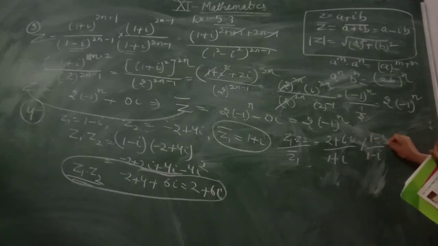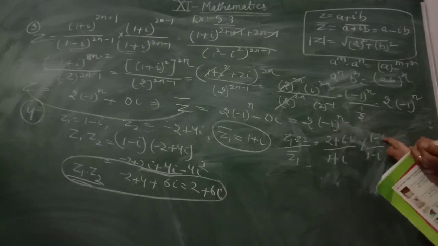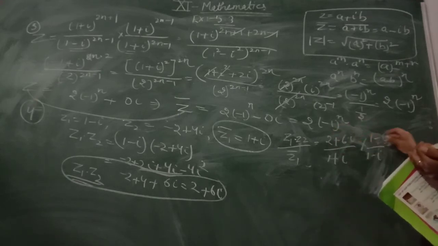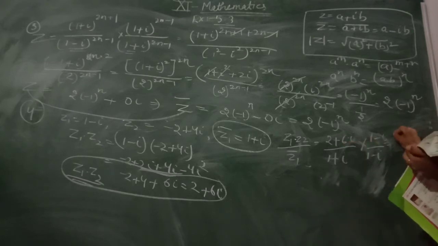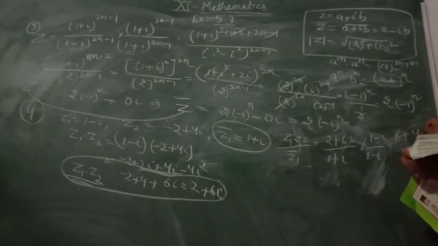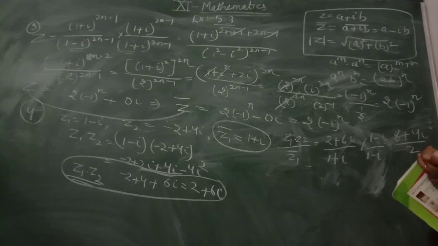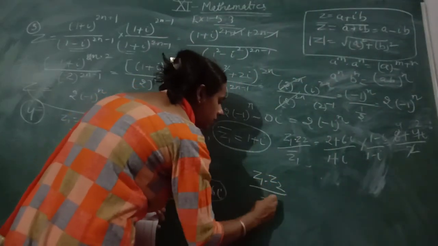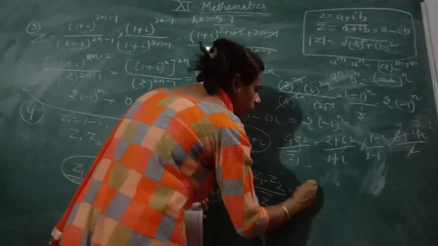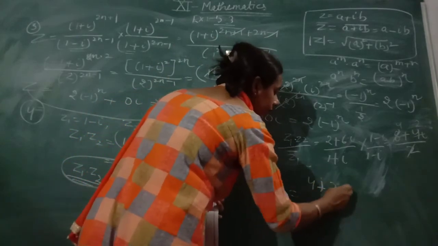After rationalization, you multiply by 1 - i and you will have 2 - 6i^2, that is +6, 2 + 6, that is 8, and 6i - 2i, that is +4i, and in the denominator you will have only 2. After solving, taking 2 common, you have 4 + 2i. It means Z1 Z2 by Z1 conjugate is 4 + 2i.